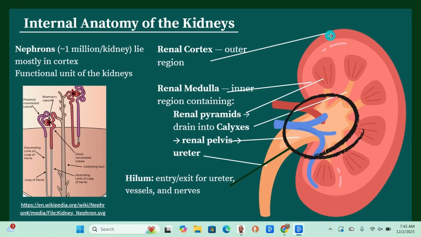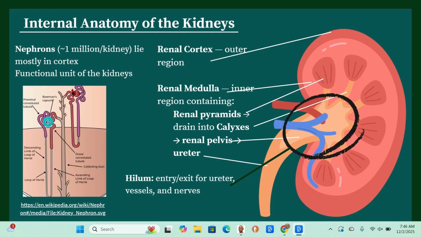It starts out in the cortex, and then it branches down into the medulla, into that renal pyramid. When the filtrate filters into the ducts and becomes urine, it collects down into areas called calyxes, and then the renal pelvis is the center of the kidney, and then the fluid goes down the ureter.